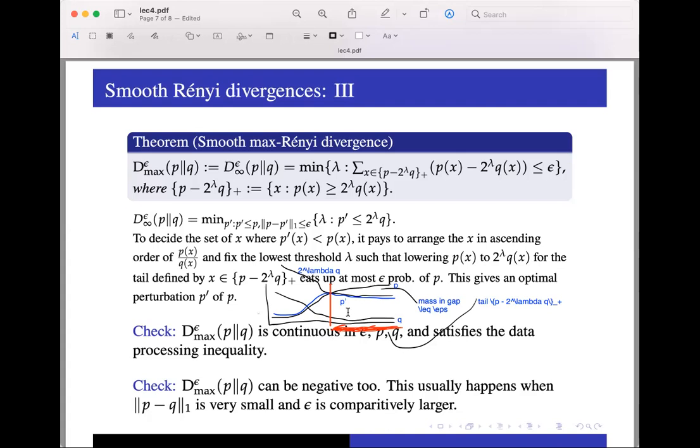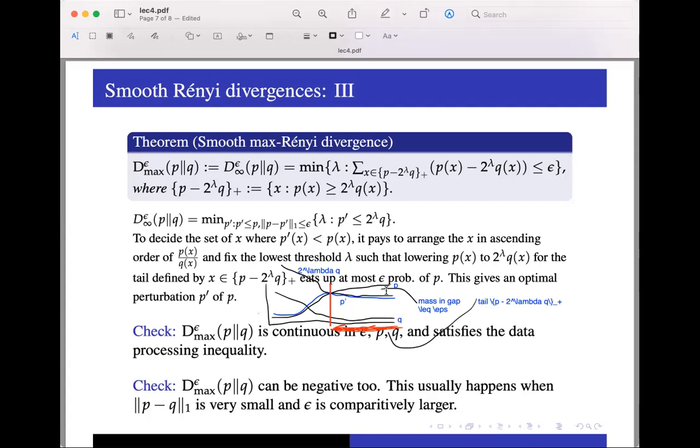So what does this mean? That I can increase epsilon, I can increase the mass in this gap. The way to do it is to lower this curve, which happened to be 2 to the lambda times Q, but I'm going to lower it to some lambda prime less than lambda. So more mass can enter the gap. And now you can maybe feel why increasing epsilon will change lambda slowly.